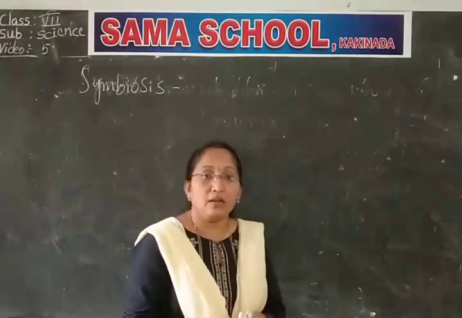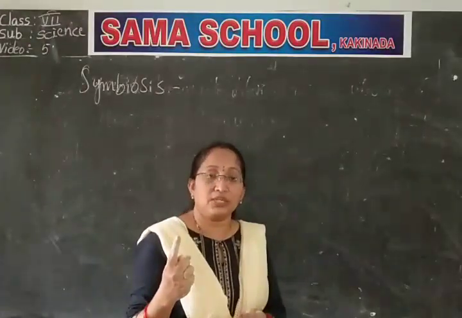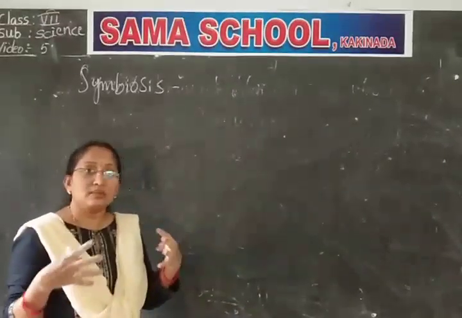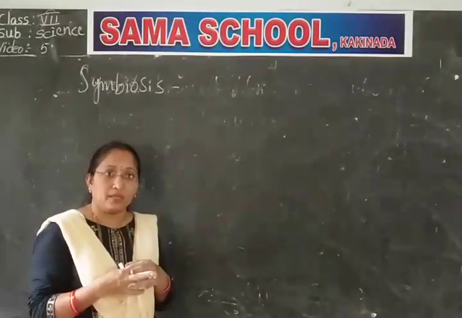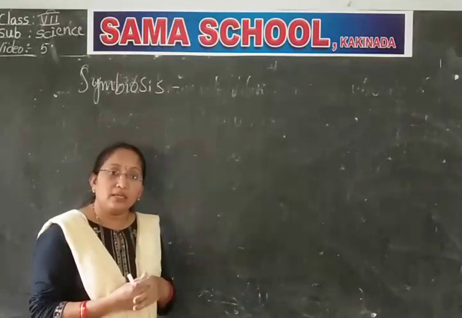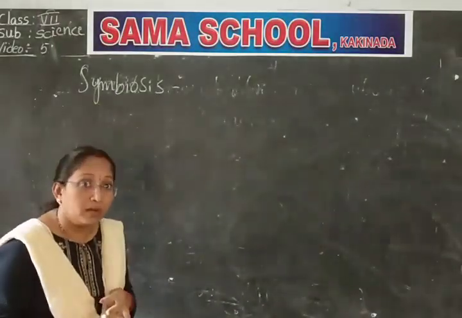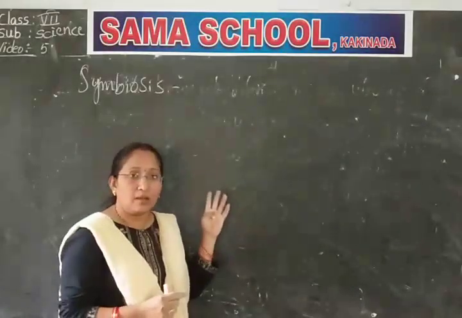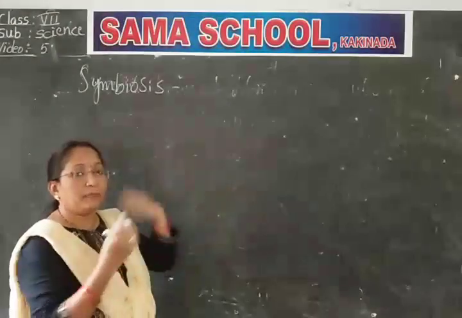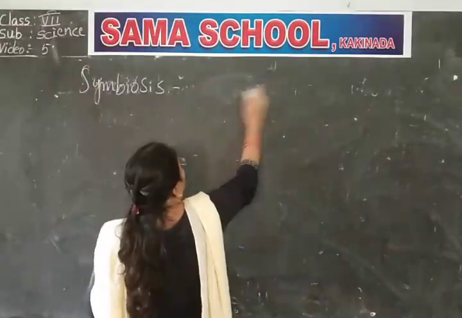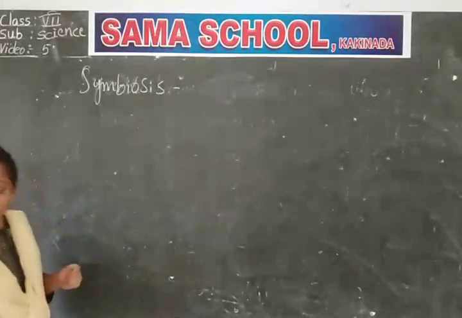For example, one organism provides shelter, another organism provides food. So either plants or animals perform the symbiosis phenomenon to obtain nutrition. Okay? So now what is symbiosis? Is it clear?